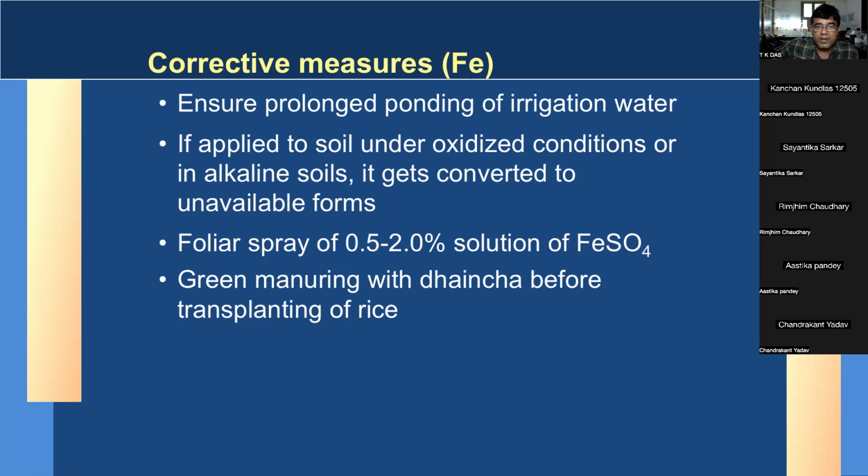If soils are flooded, there is no deficiency of iron. But if your soils are aerobic, there will not be any response even up to 250 kg per hectare.